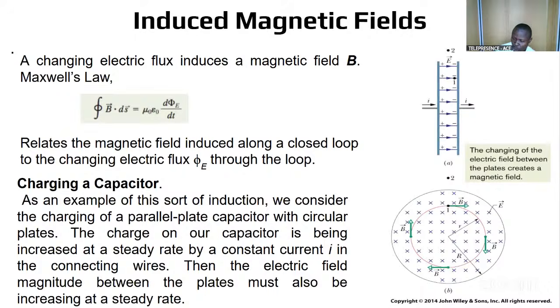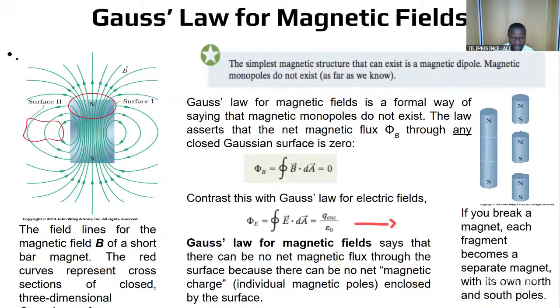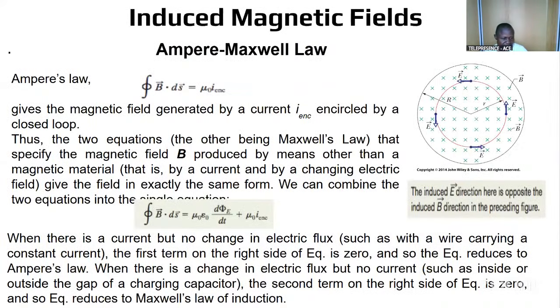And the Faraday's law of induction from the second lecturer. This is the third one, that's Gauss law for magnetic field. And finally, the fourth one, which is Ampere-Maxwell's law.